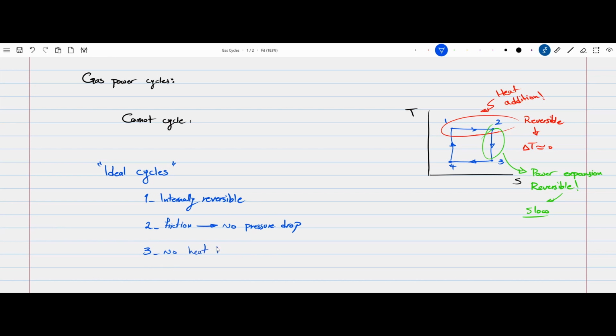So no heat loss. And I want to emphasize unwanted heat loss. We are going to discuss gas cycles, ideal gas cycles in this video, but even if you are dealing with ideal refrigeration cycles or ideal vapor power cycles, these three conditions are the same for any ideal cycle. It is internally reversible, there is no friction or pressure drop, and there is no unwanted heat transfer with the surroundings.